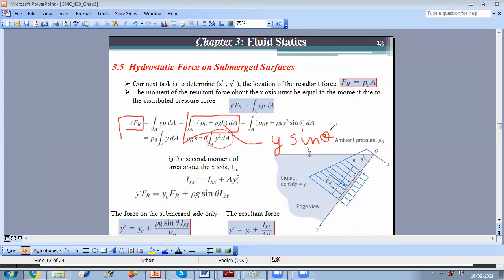So now all I have to do is to replace h by y sin theta. بيصير عندي integral over A of P0 y plus rho g y square sin theta dA. هلا هون كيف بكمل؟ All I have to do is to take each term لحاله، يعني باخذ integral over area of this term plus integral over the area of the second term. And now I will get familiar integrals.